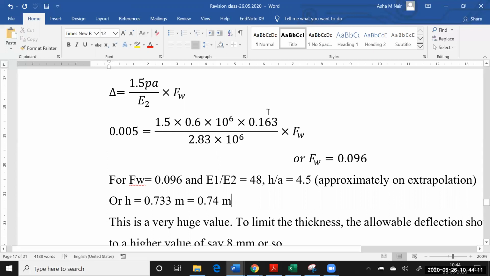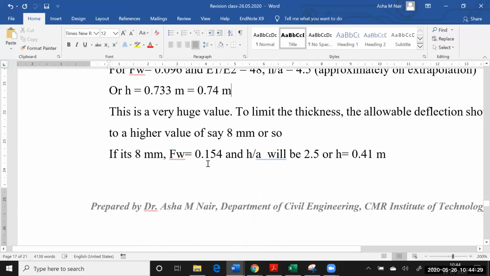So this is a very huge value because its value is 48 times that of the subgrade. This is because the allowable deflection we are giving is only 5 mm. Suppose you are given a better quality subgrade material, or an option to have a higher tolerable limit for deflection, you could have got a slightly higher value.